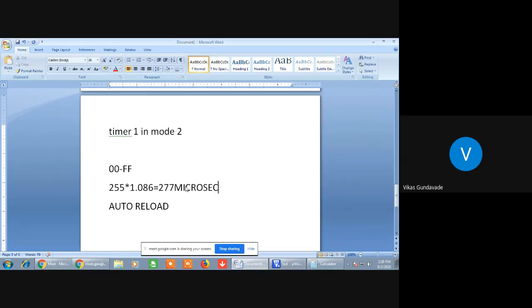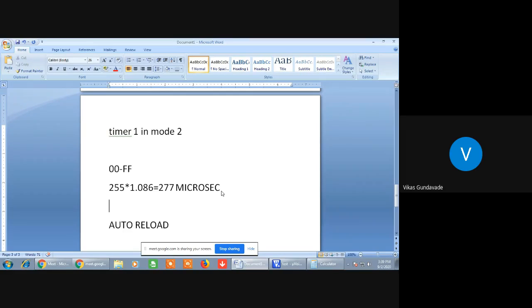That much delay we can give using mode 2. Everybody understood? If we use mode 2, the maximum count is 255, and for one pulse the delay is 1.086 microseconds, so 277 microseconds will be the maximum delay we can provide in mode 2.